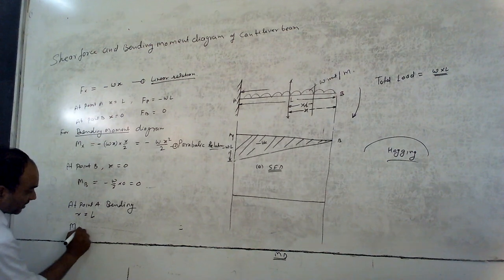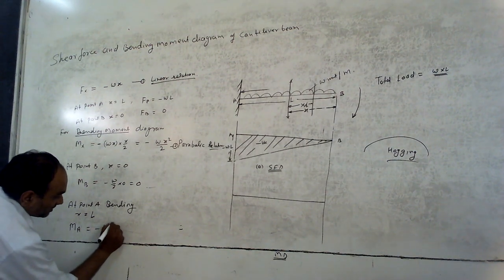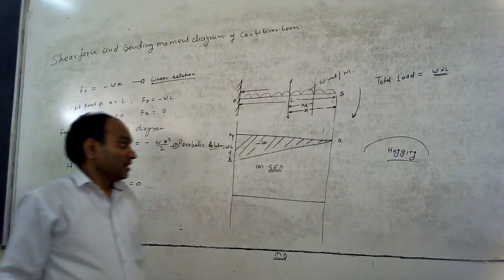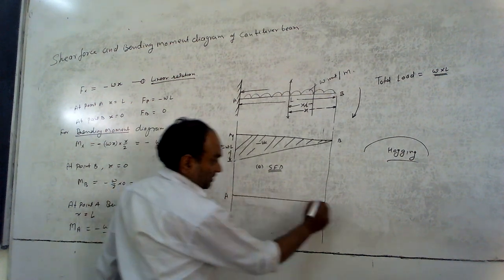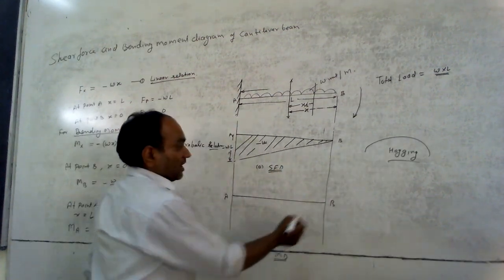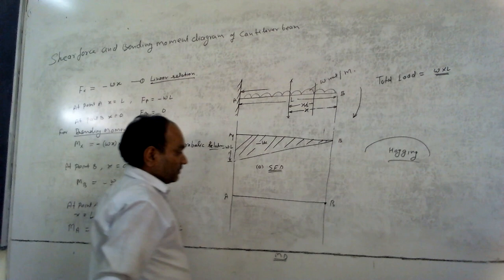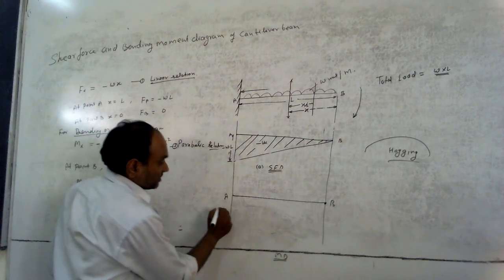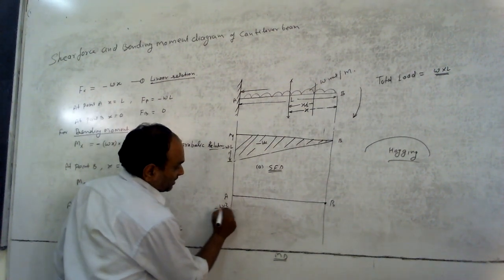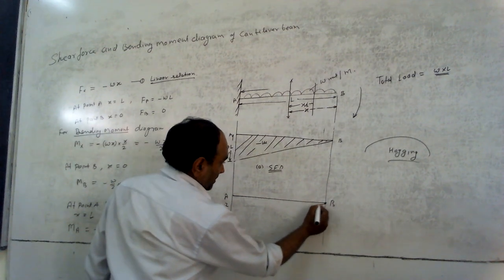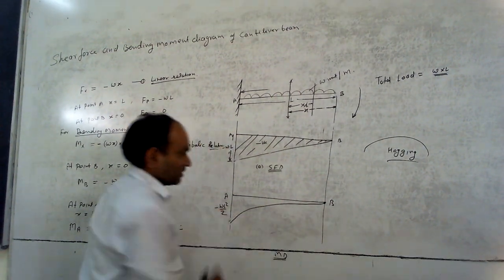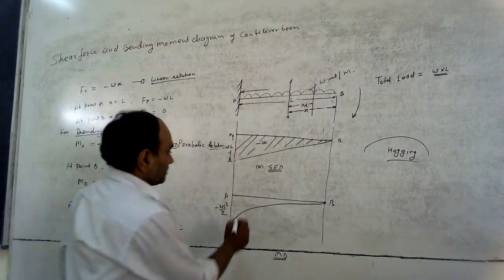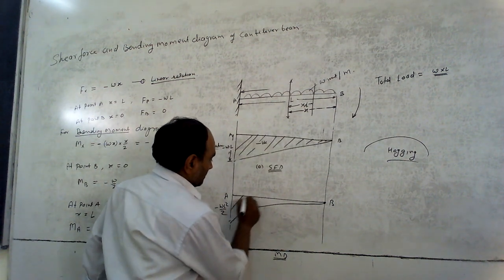MA equal to minus kW L square by 2. Here I have to draw the bending moment diagram. At this point the bending moment is 0. Here the bending moment is minus kW L square by 2. This is a parabolic relation, just a curve shape. This is negative.